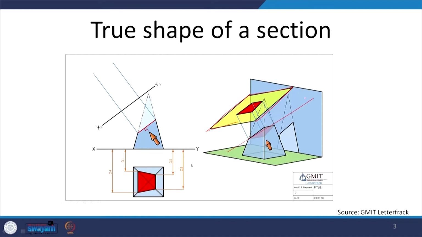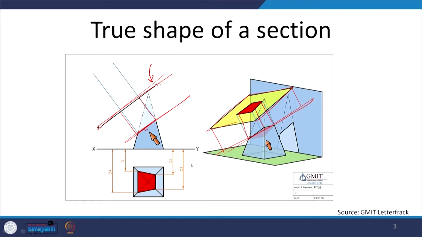So, when the section is projected onto a plane which is parallel to the plane of section, or section plane, which is what is evident from here, we will see the true shape of the section. If you recall, this will be the auxiliary plane here.